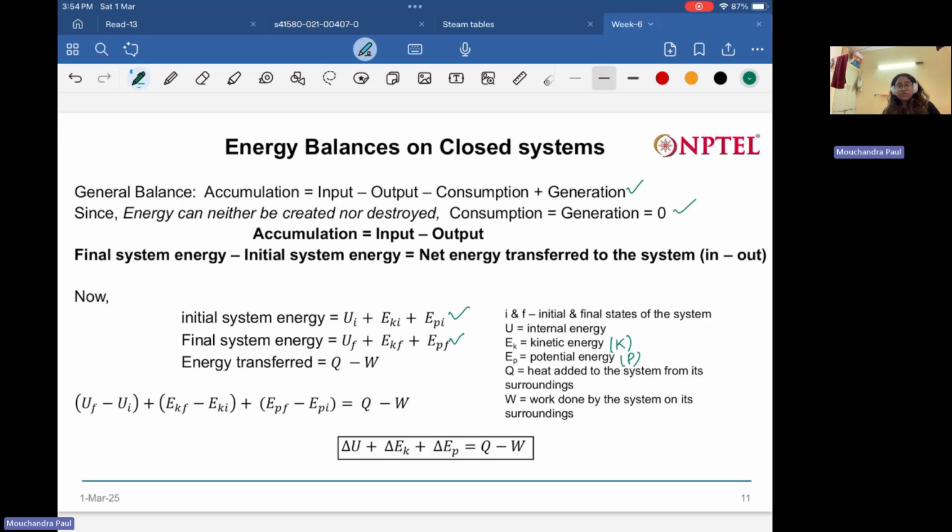And the energy transferred, that is the input minus output, is given by Q minus W. When we replace these terms in this particular equation, we'll get this form. If we rearrange and replace these terms with delta U, delta EK, and delta EP, we will get this form. This is the final energy balance equation for closed systems.